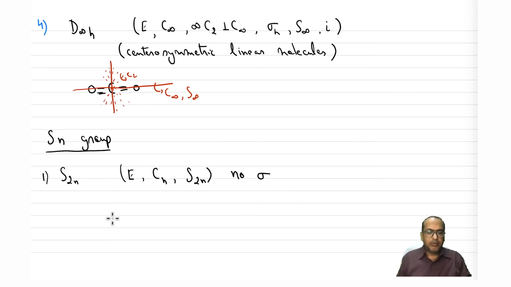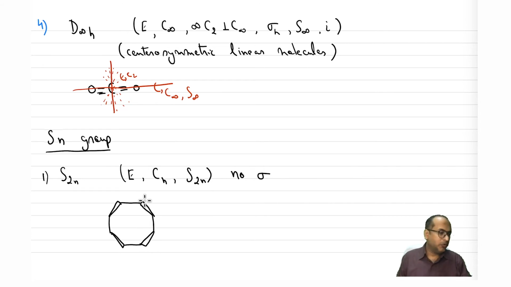A typical example is actually a little tedious to draw. Let me see if I can draw it correctly. Now, this particular bond is coming out of the plane of the board, and so is this one. Every alternate bond is. So it's something like a chair form of cyclohexane, but this is cyclooctane.